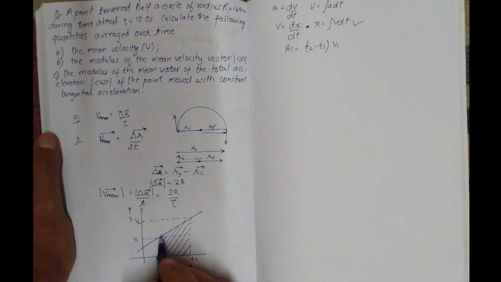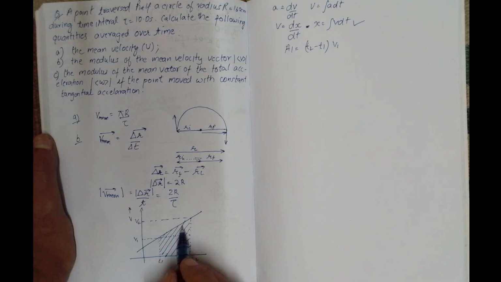Now let us come to this triangle. Sorry, first this is a rectangle. The area of this rectangle is equal to this multiplied by this, which is T2 minus T1 into V1.